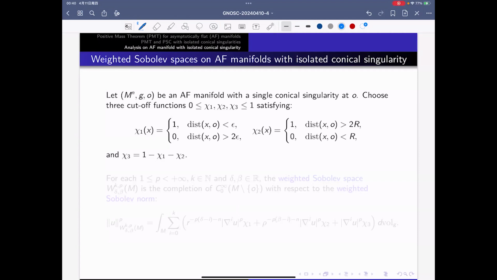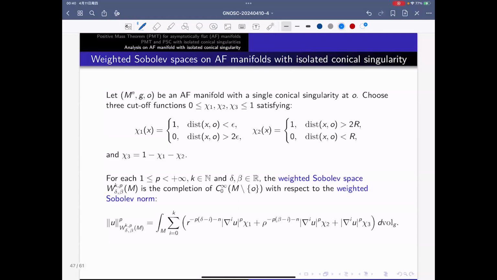Now we use weighted Sobolev spaces for this kind of singular and non-compact manifold, so we need to add weights both near the conic singularity and on the asymptotically flat end. We have two indices, delta and beta.